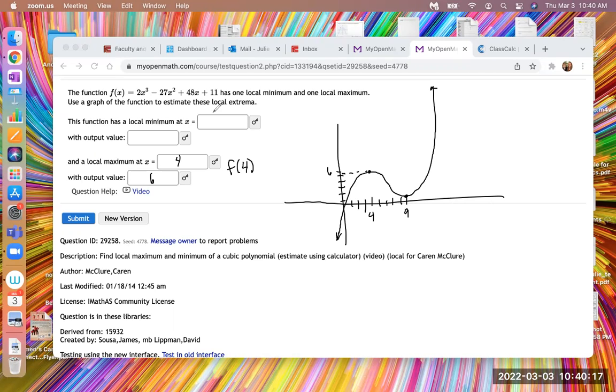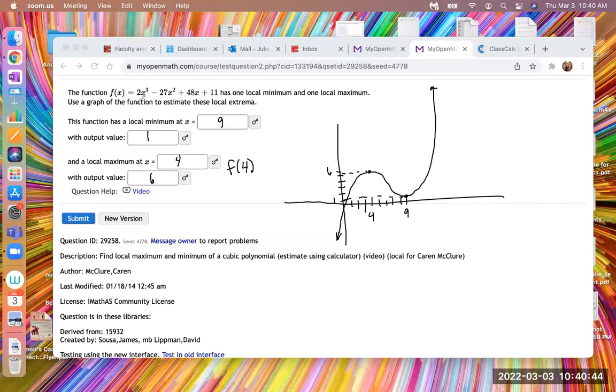So the x value is 9, and the height of the function at its minimum is about 1. If this was my function, that's what it would look like. That's not our function.